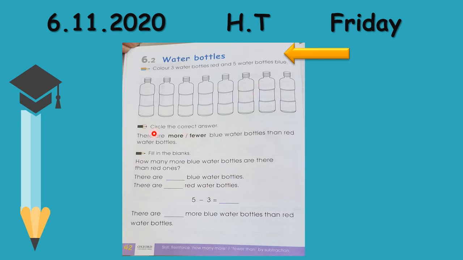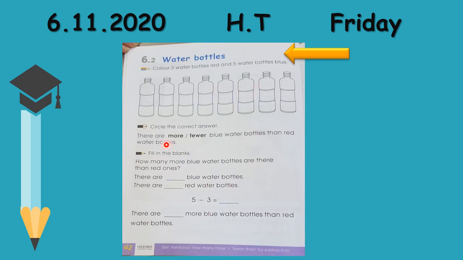Then next is circle the correct answer. There are more / fewer blue water bottles than red water bottles. There are more or fewer blue water bottles than red water bottles.